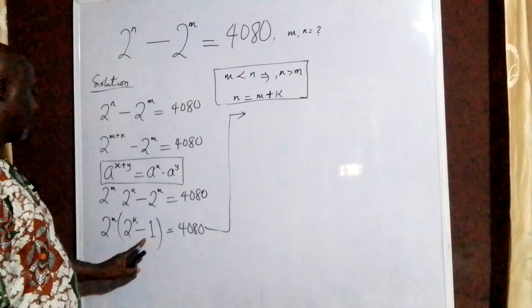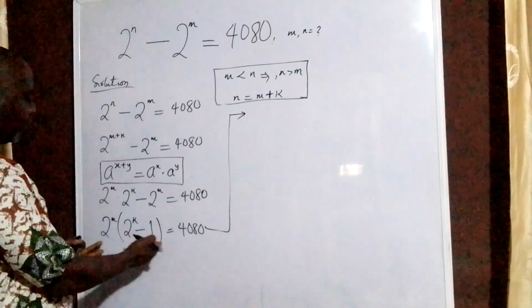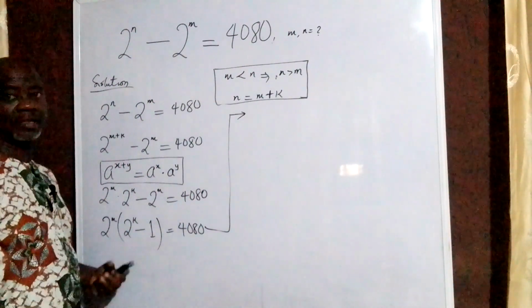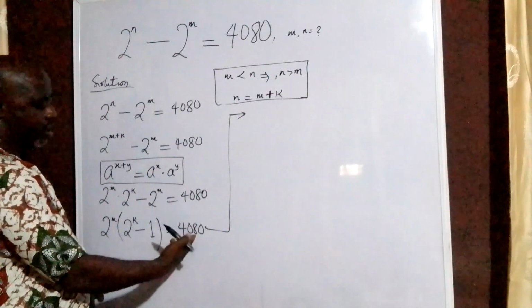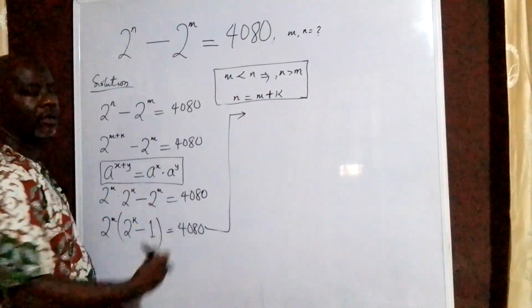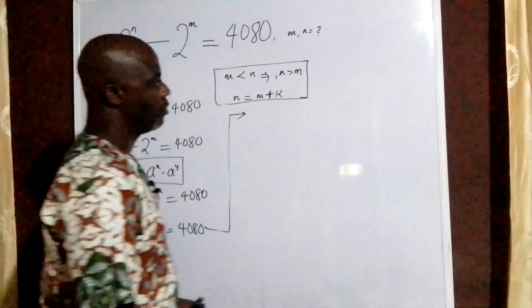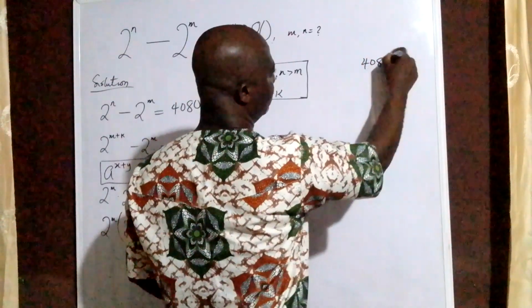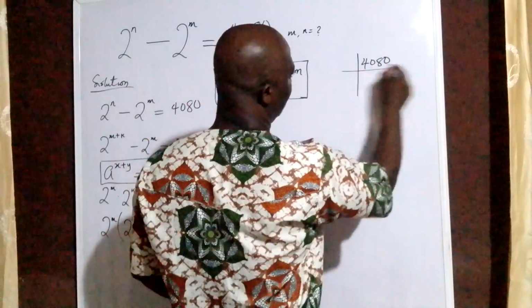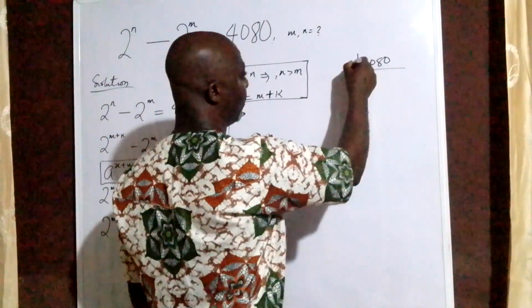So from here now, we need to find, you can see that the left hand side is in terms of factors, 2 factors. In the same way, I'm going to express 4080 in factor form. First, since the last figure is 0, it means it is divisible by 2.